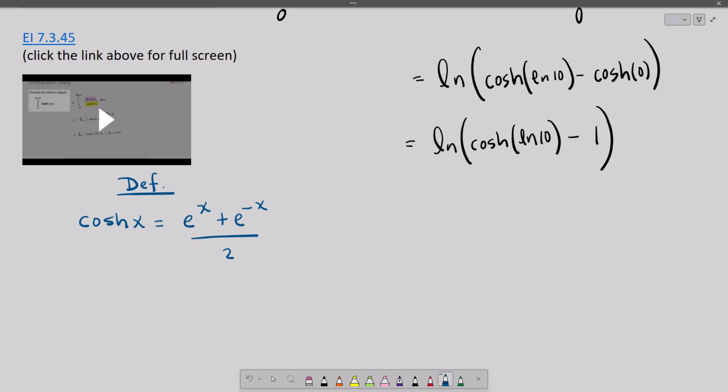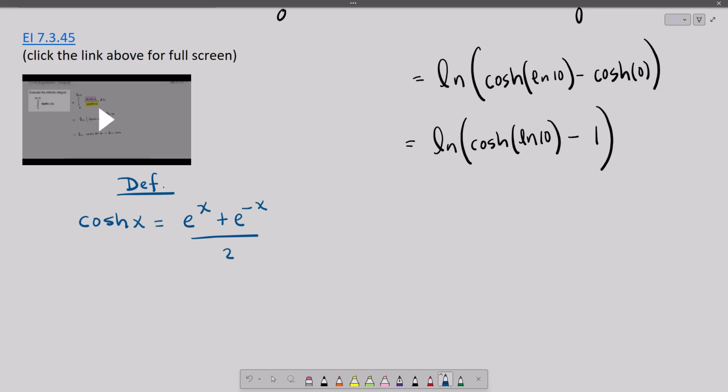You could say, it's the hanging cable. But the mathematical definition is this, where you average exponential growth and exponential decay, and that gives you the hanging cable. And so if you use this definition of cosh, and you plug natural log into each of these positions, you could simplify. E to the natural log of 10 is 10. But I won't ask you to do that on the test. But in the homework, where you have access to all the extra formulas, you should be able to do it.